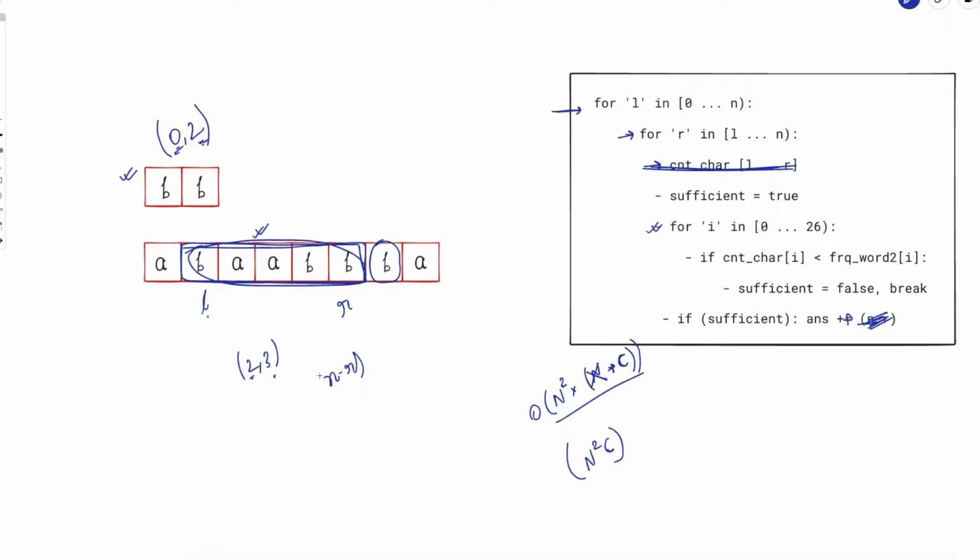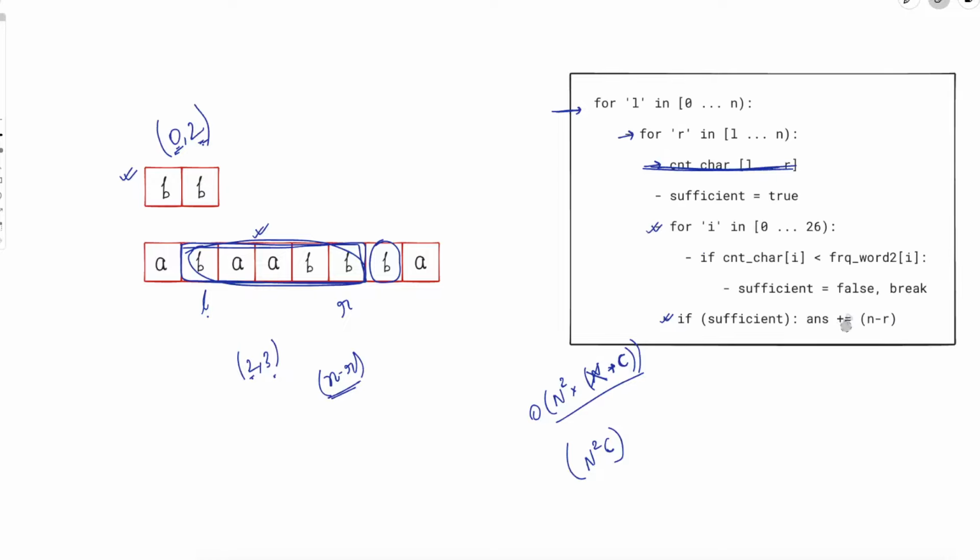So you will simply add n minus r to your answer once you figure out this r. Now, figuring out this r also is not straightforward. Basically, instead of going from L to N, as soon as you find one sufficient, you increment your answer by n minus r instead, right?